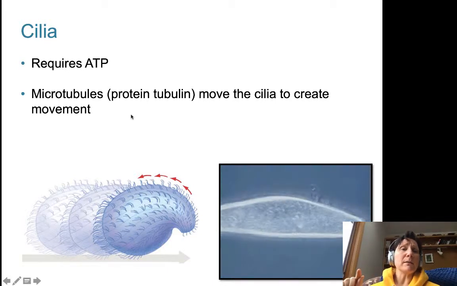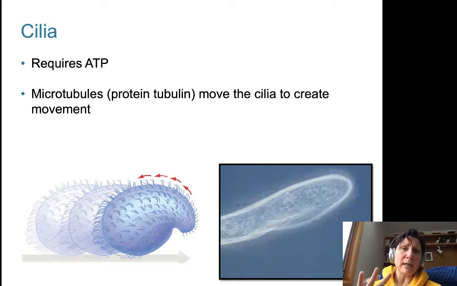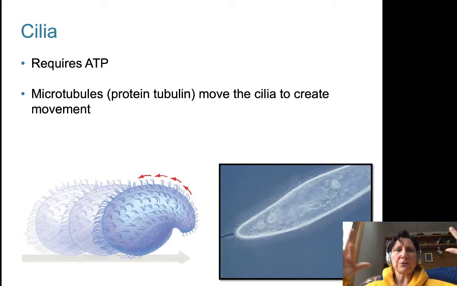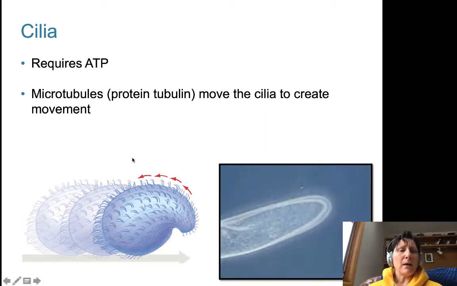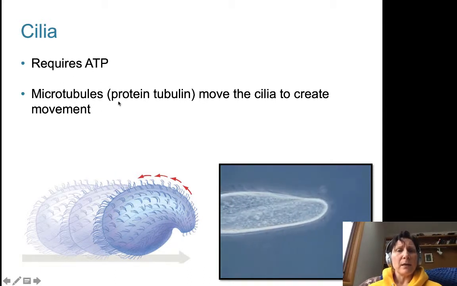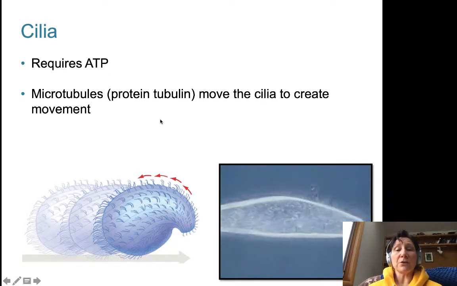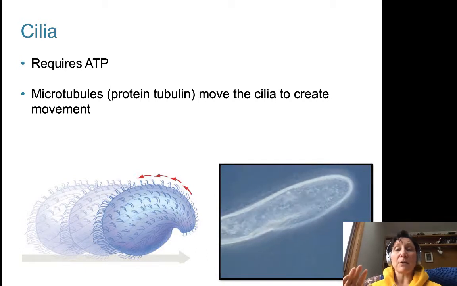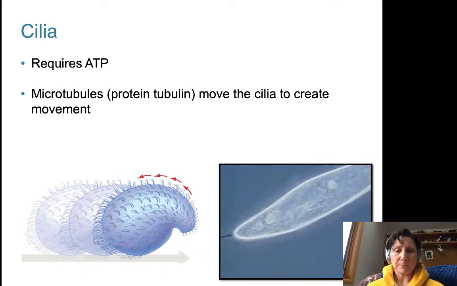This type of movement does require ATP, and I'm going to explain the difference again between cilia and flagella and their movements in class. It's hard to do here in front of the screen. But it is energetically expensive. These cilia are composed of microtubules, which are composed of the protein tubulin, that move the cilia to create movement. And the great thing about cilia is they can move you in just about any direction, forward, backward, sideways, and I'll show you how in class.